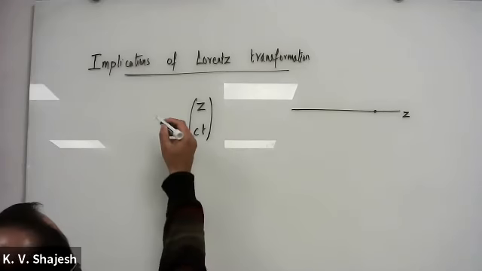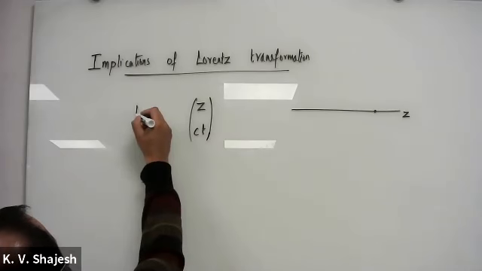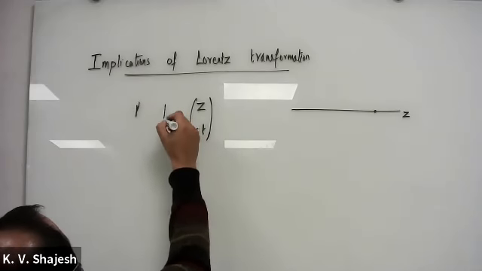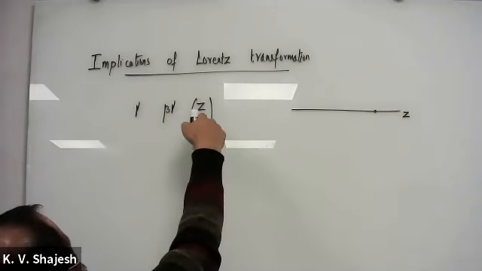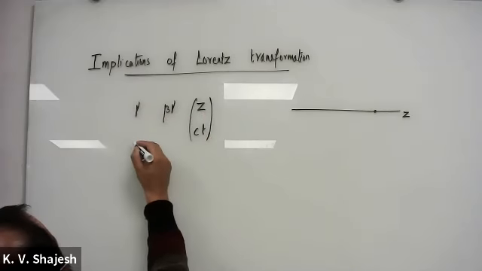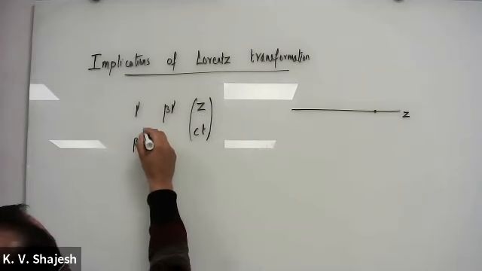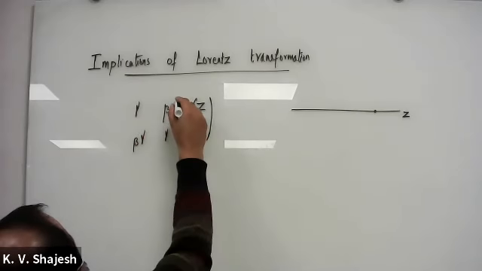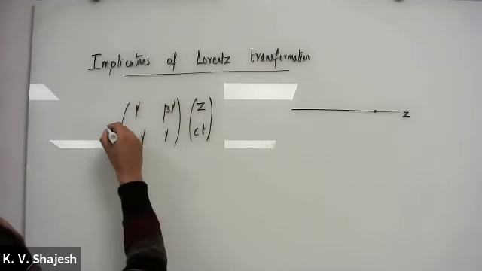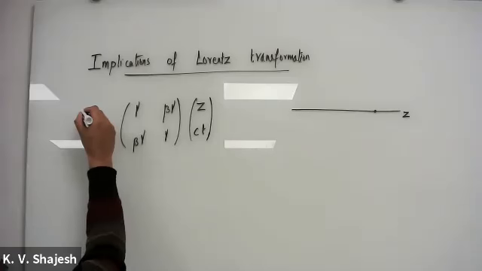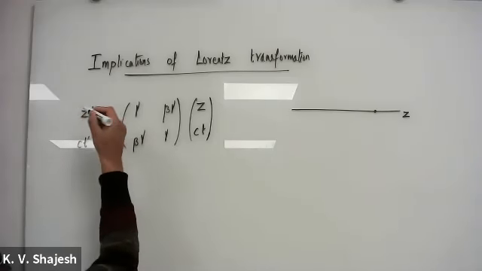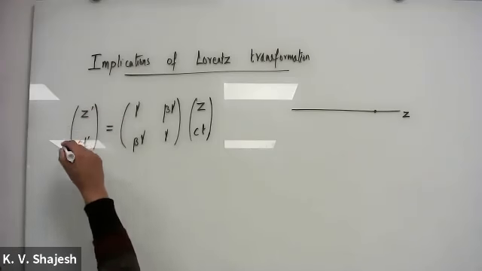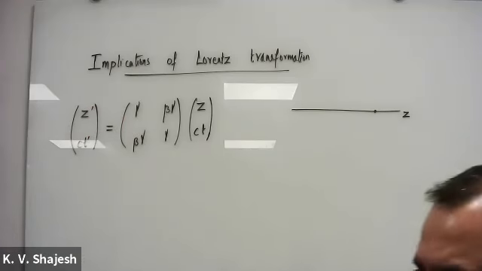We pointed out that if there is another observer moving with respect to the first observer who measured z and t, then things get transformed. The second observer will measure z prime and ct prime. c is just a scale, you can set c to 1 if you want.